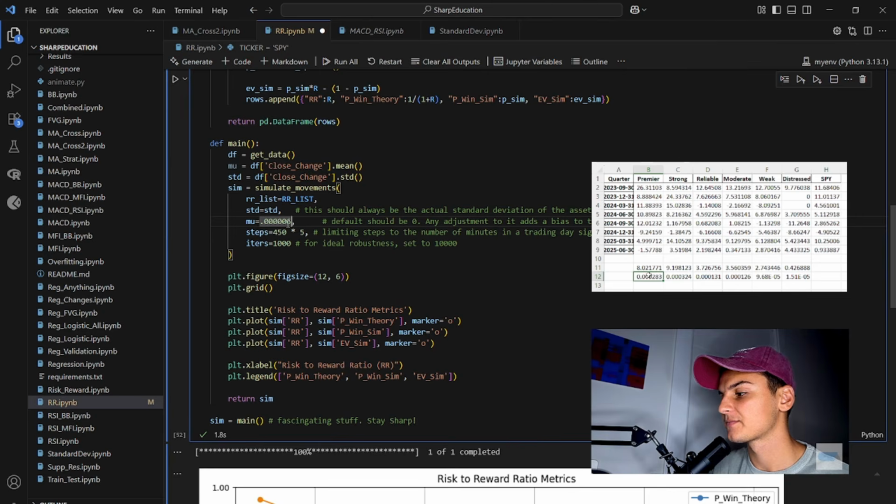But that's it. All I wanted to do was insert some of the performance metrics from SharpEdge into our trading model, so I can show you guys exactly how it can give traders an advantage, not just investors. I use it for investing, but I think it's a really good tool for traders and investors alike to identify movements that provide them an advantage before they ever even make a decision to begin with.